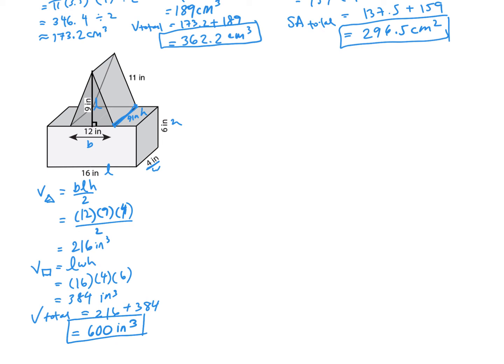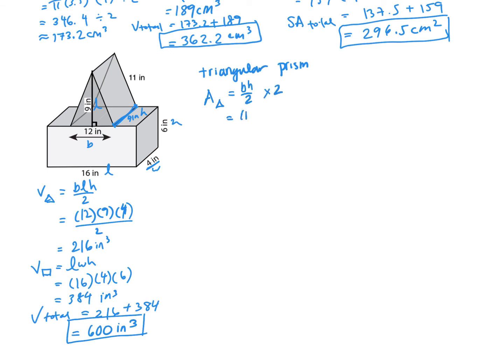So let's start with the triangular prism. Now the triangular prism is made up of 2 triangles, one on the front and back, and then these 2 rectangles on the sides. So I'm just going to split it up in 2 calculations. So area of a triangle, we know is base times height divided by 2, but we have 2 of them.